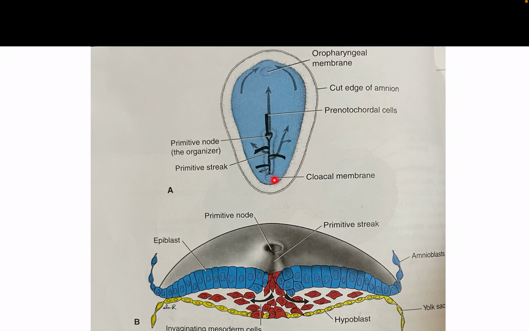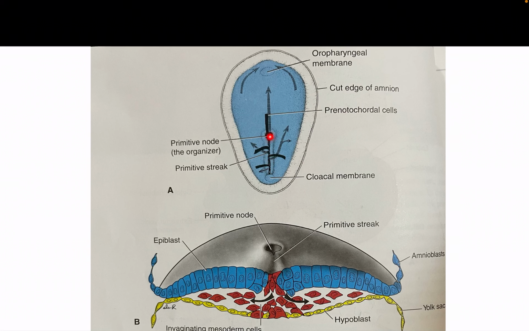This one is the cloacal membrane, where the ectoderm and endoderm, or epiblast and hypoblast, fuse with each other. This one is the buccopharyngeal membrane, where the epiblast and hypoblast fuse with each other. Now the primitive streak cells, which we said are mesodermal in origin, have various directions to pass on.